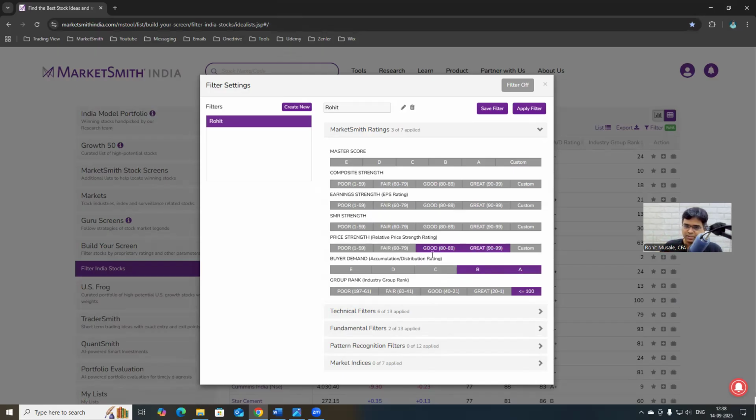You will also notice that earlier in my videos, I used to use 70 as the minimum relative strength. That is as per Mark Minervini's trend template. But very recently, I started sticking to the 80 to 99 range because even Mark Minervini says that most of his winners generally had 80 or more relative strength.